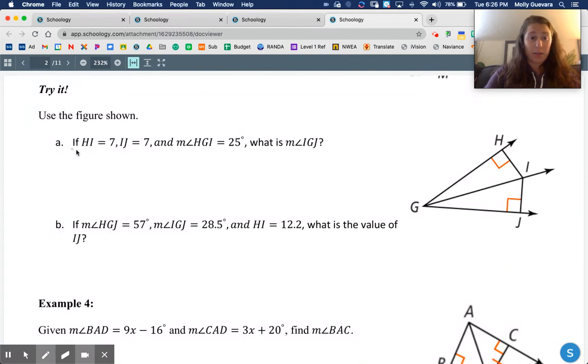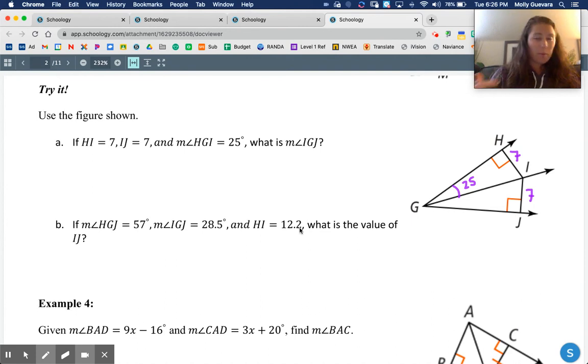For example, HI here is 7, right? And IJ is 7. And then I'm told that HGI, so this right here, is 25, right? So once I'm done with question A, I'm going to have to erase these numbers and then fill in the new numbers for question B. So just be aware of that.